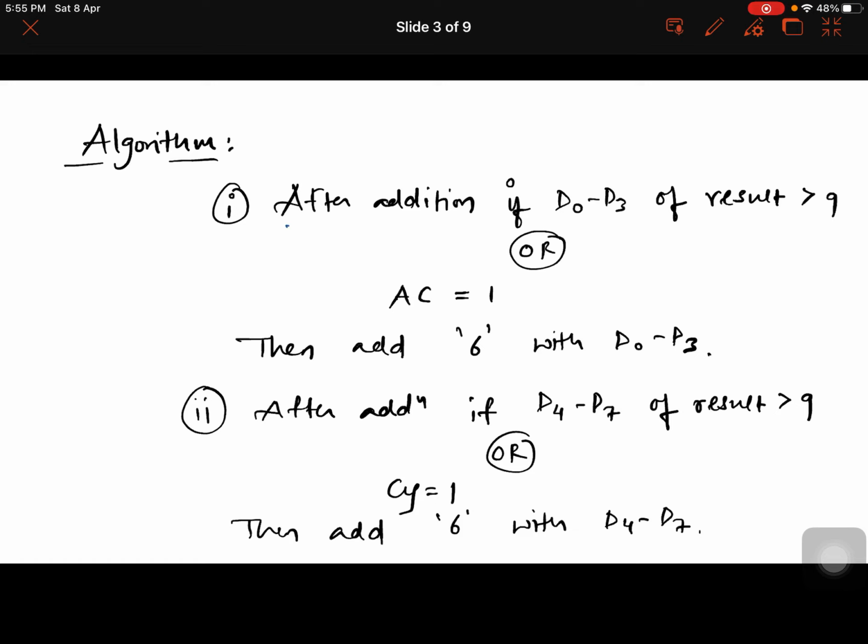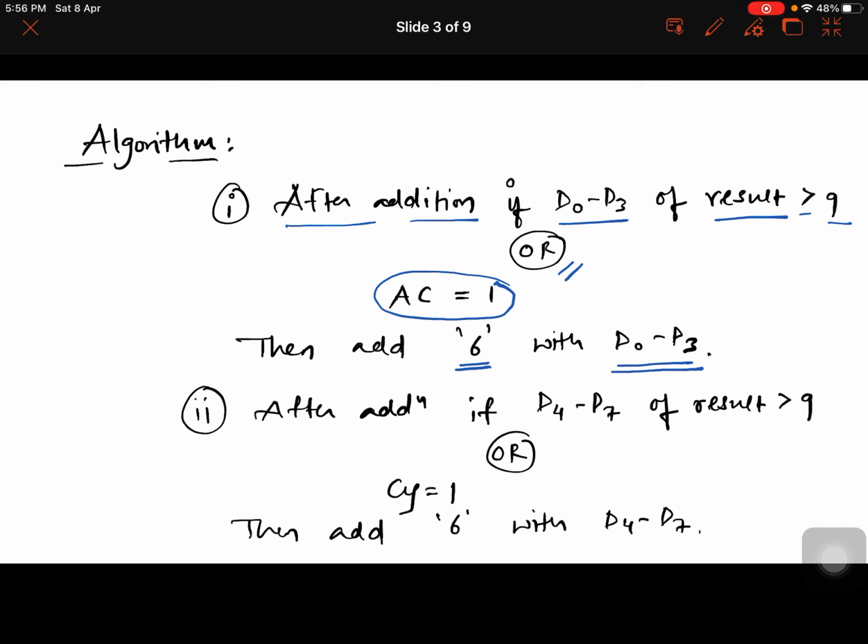After the addition is performed, if D0 to D3 of the result is greater than 9, or if the auxiliary carry flag is equal to 1, then this instruction adds 6 to D0 to D3. I'm sure you will understand nothing out of it because I'm just reading the algorithm. Once I start with the example, I'll get back to the algorithm and then you will have a clear connect.